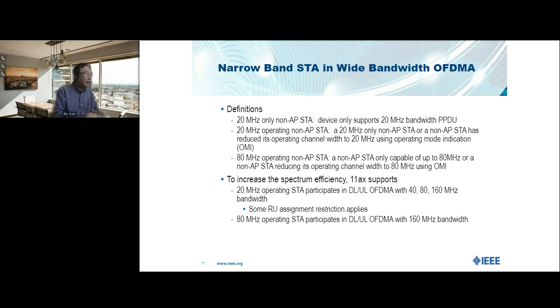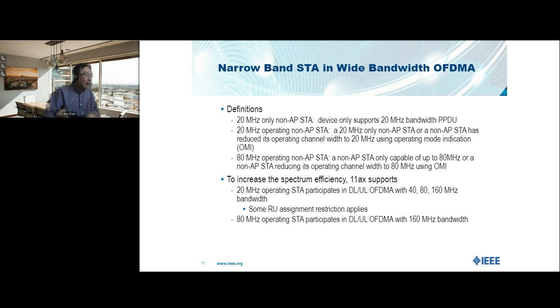So in these cases, it's better to transmit to these narrowband devices in wideband OFDMA, so that we can address those 20 or 80 megahertz devices only in their supported bandwidth, while we give the rest of the spectrum to other stations.